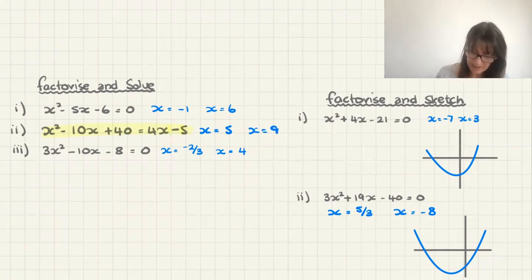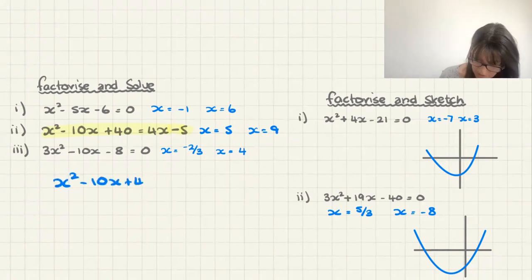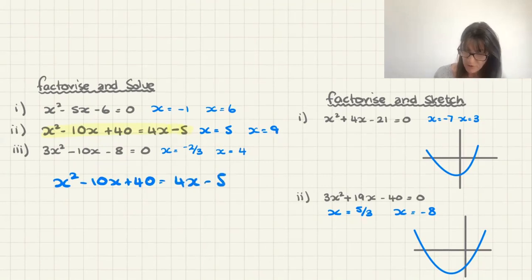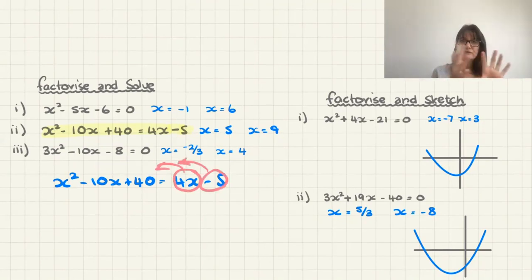So let's have a quick look and see this being done from scratch. The question was as follows. What I need to do is move the 4x and the minus 4 to the other side. Once they've gone over to the other side and joined the quadratic that's there at the moment, that will leave it equaling 0, which is obviously what we want.